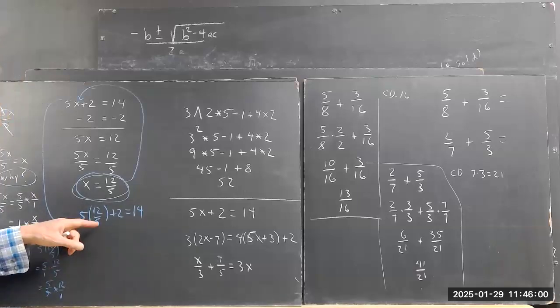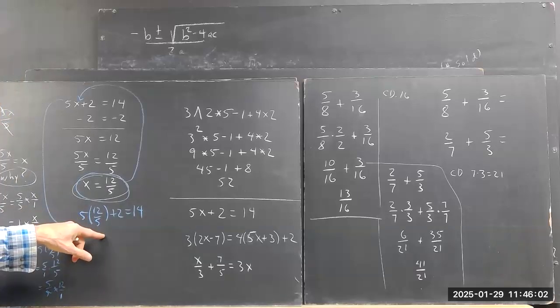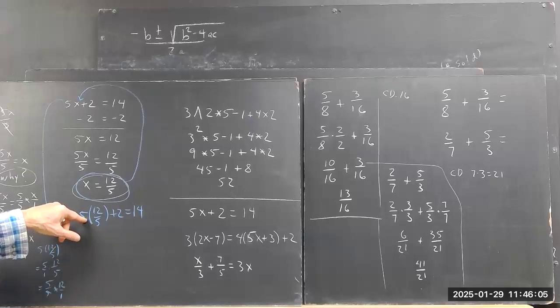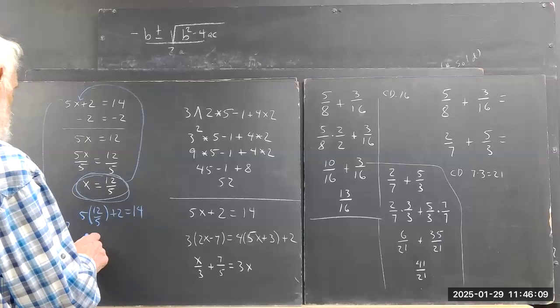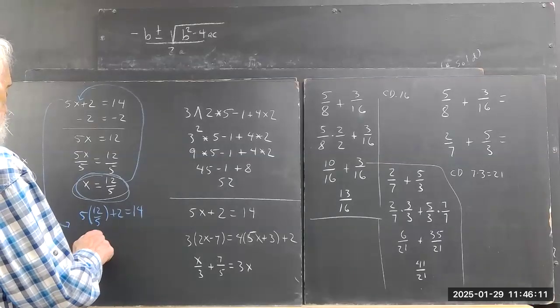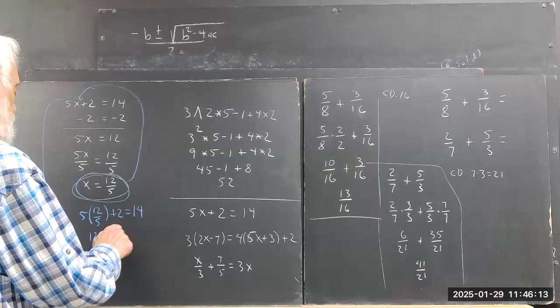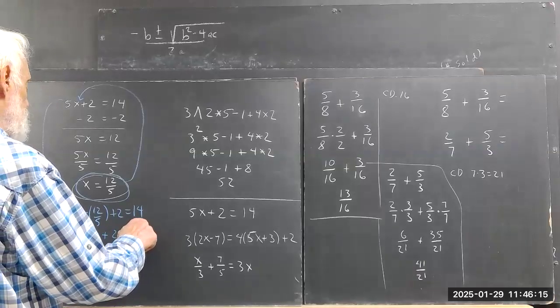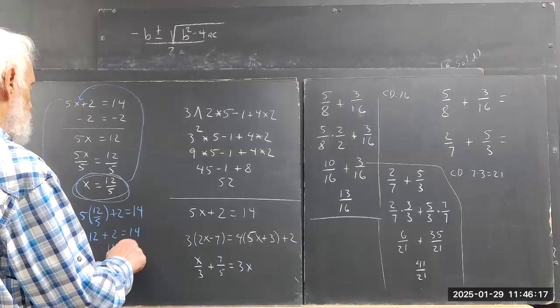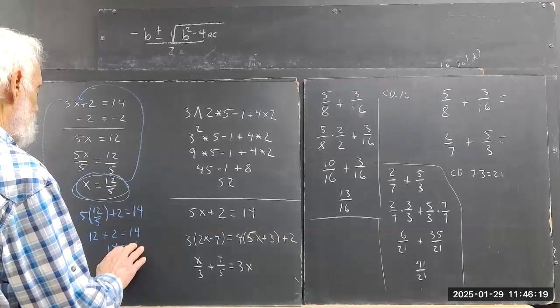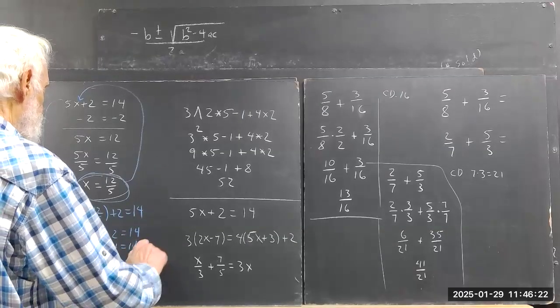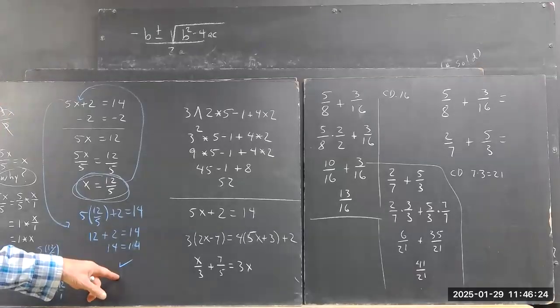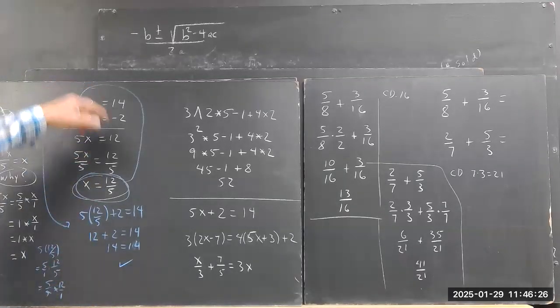So all I'm saying is these 5s divide out. A 5 in the denominator will divide a 5 in the numerator. We end up with 12 plus 2 equals 14. 14 equals 14. Now, put a check mark there because we just checked our solution.